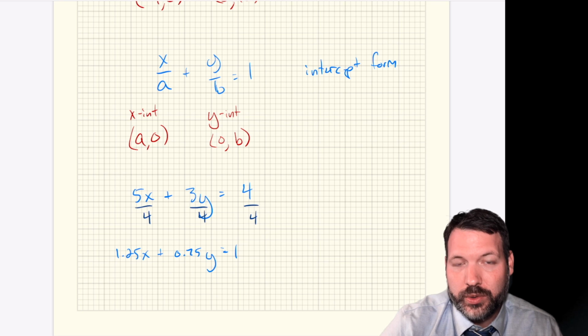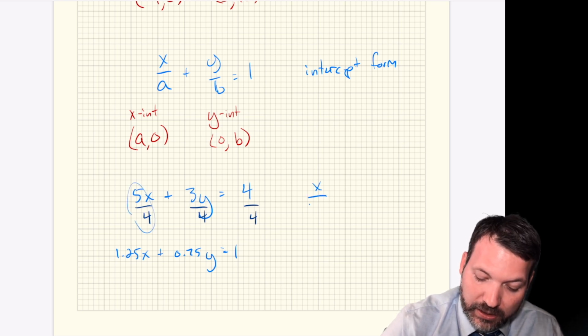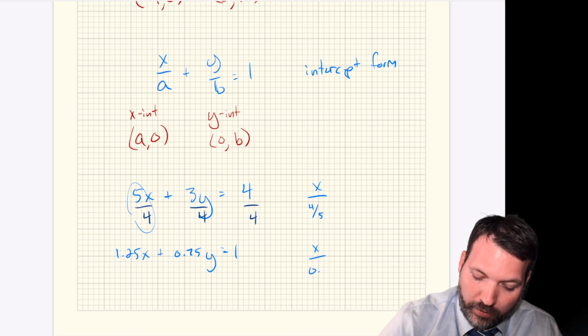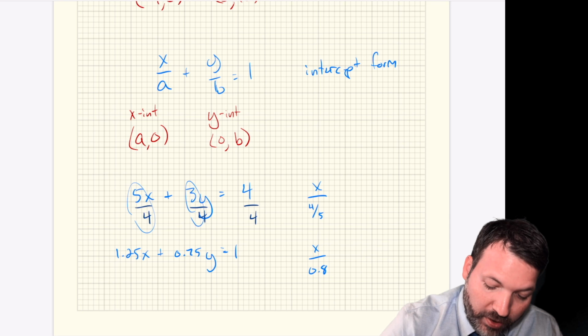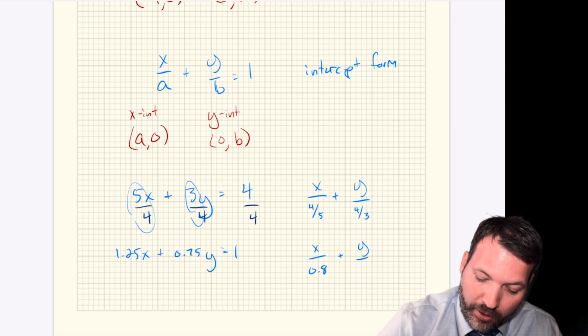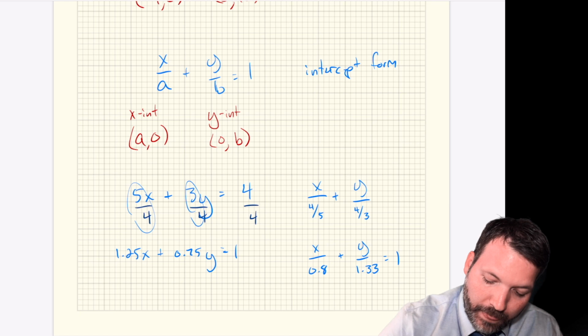Fortunately, I can just use reciprocals here. 5/4 x is the same thing as x divided by the reciprocal, 4/5, or x over 0.8. 3/4 times y is the same thing as y divided by 4/3, or y over 1.3 repeating. And then it equals 1, and there you have it.